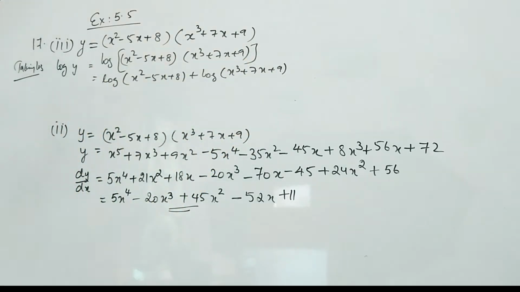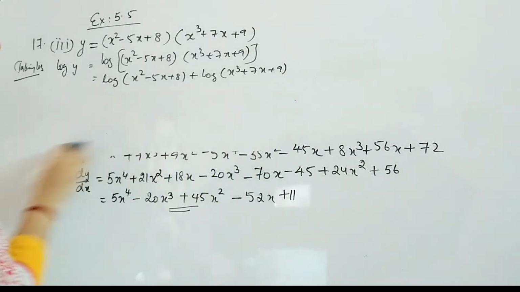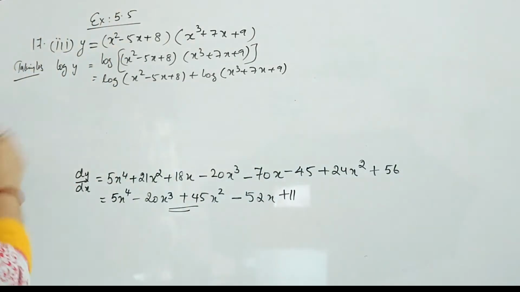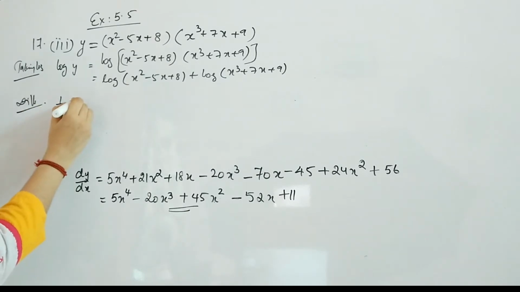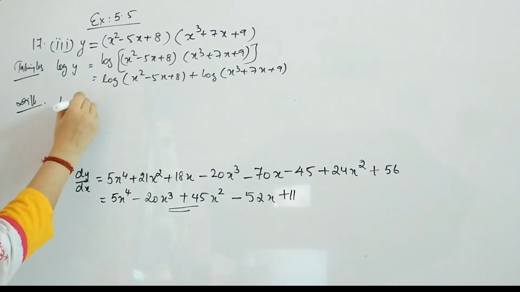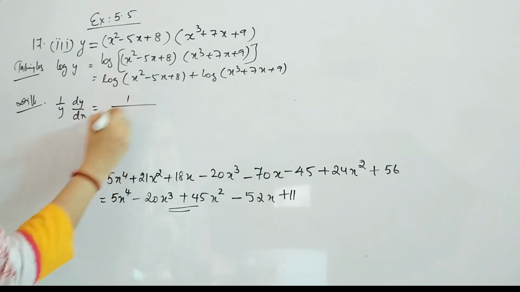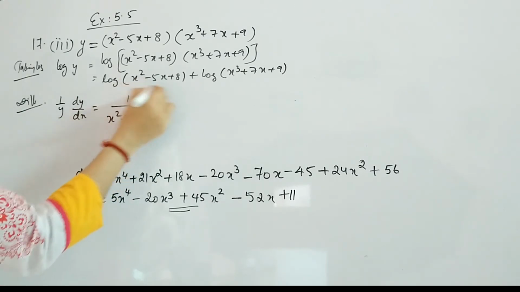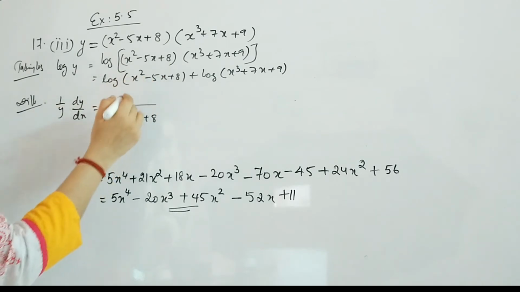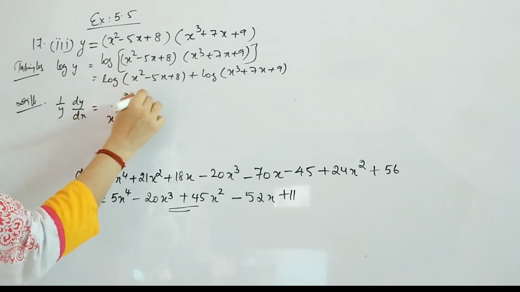Now what is the next step? You will just differentiate both sides with respect to x, right? Differentiating both sides with respect to x, you will get 1 by y dy by dx on the left hand side, and this will become 1 by x square minus 5x plus 8 into the derivative of x square minus 5x plus 8. What is that? 2x minus 5.